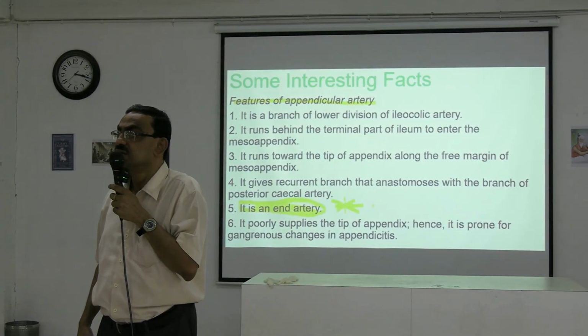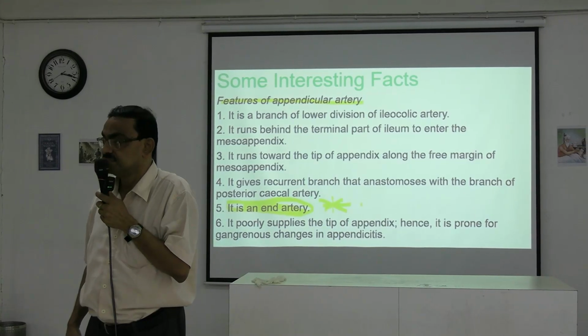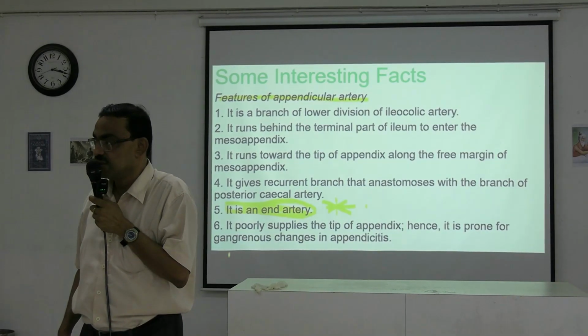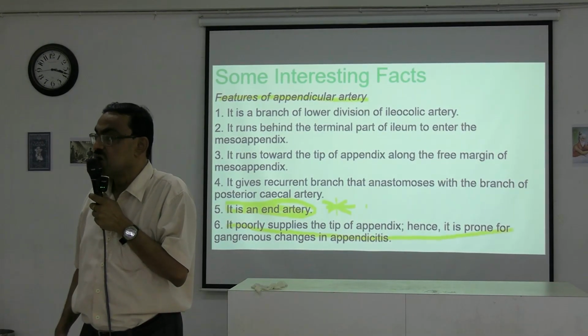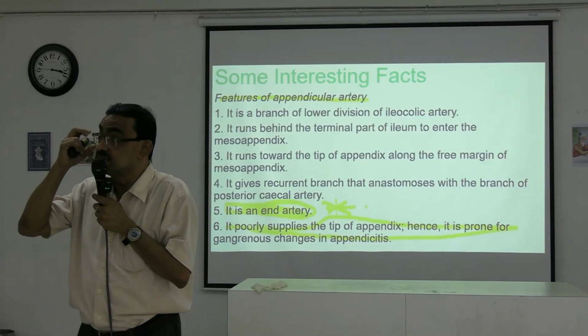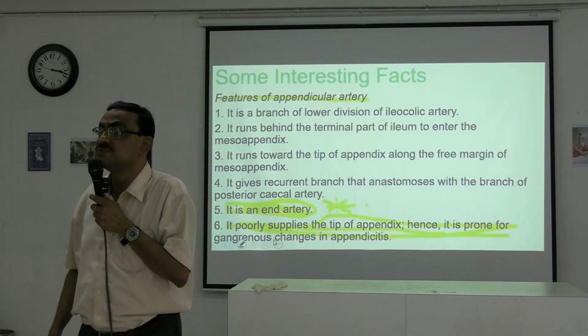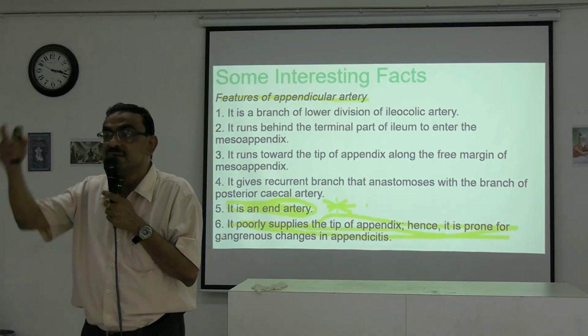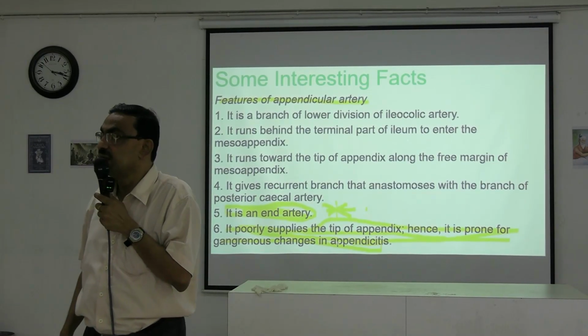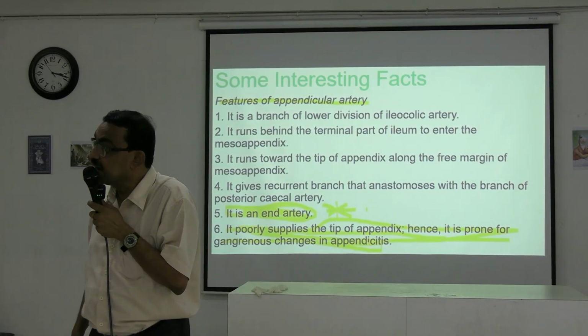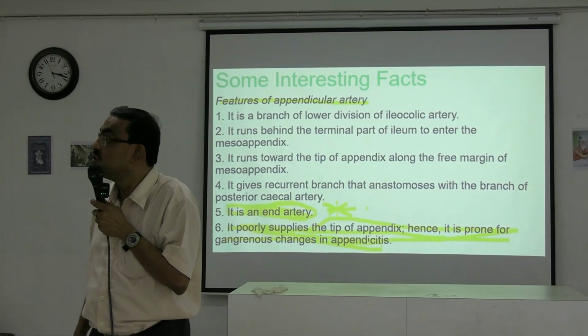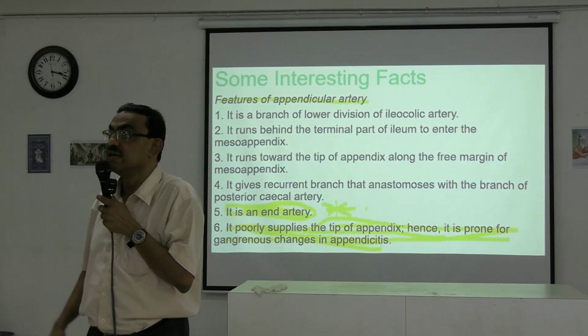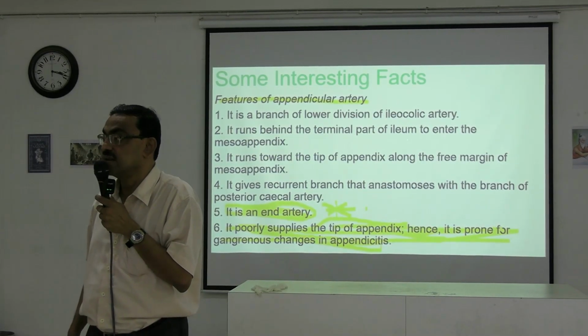That means necrosis or gangrene. So appendicitis followed by gangrene is very common because of the fact that the appendix is supplied by an end artery, which has got no arterial anastomosis.